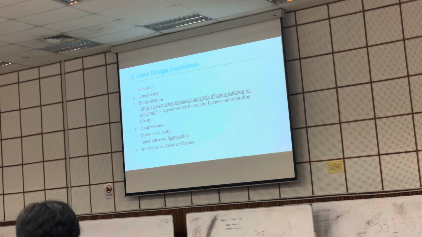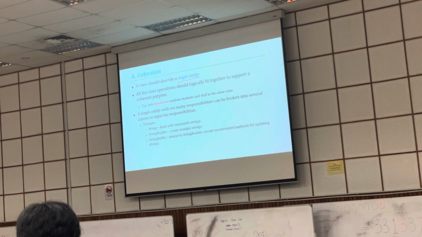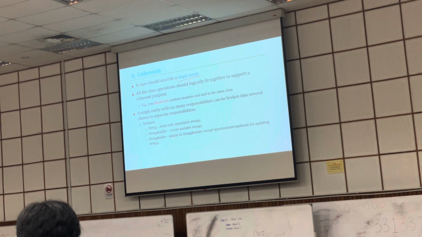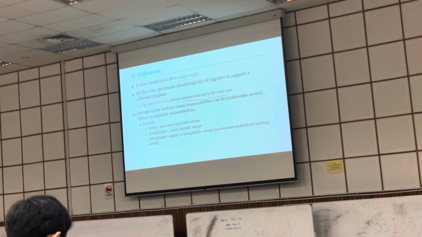So when you design your class diagram, follow all these: cohesion, consistency, encapsulation, clarity and everything. What is cohesion? Single entity. So it must have data and methods related to that particular class. It should not combine other responsibilities inside.